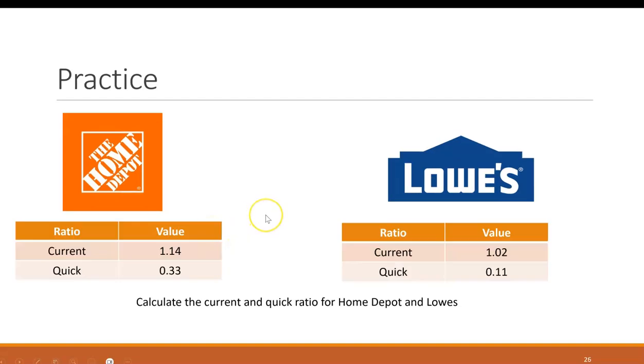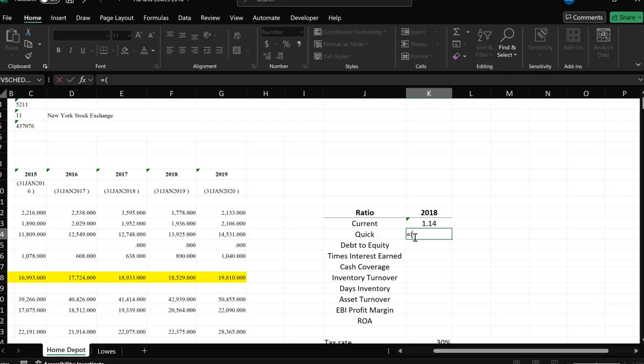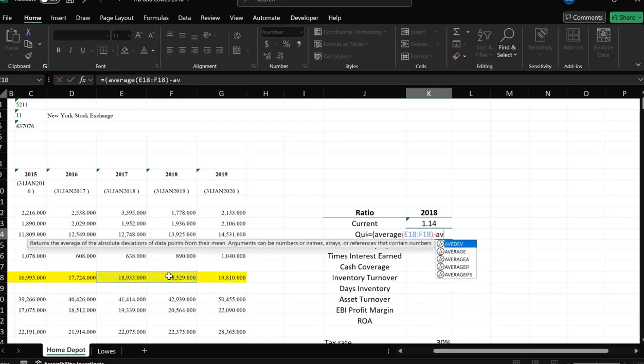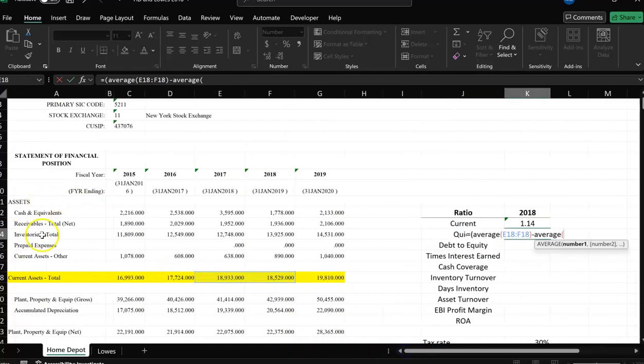We didn't do the quick ratio, so let me skip over there and do that. For the quick ratio, I'm again going to take the average of the current assets for 2017 and 2018, but I'm going to subtract out the average value of inventory for those two years. The inventories are here.